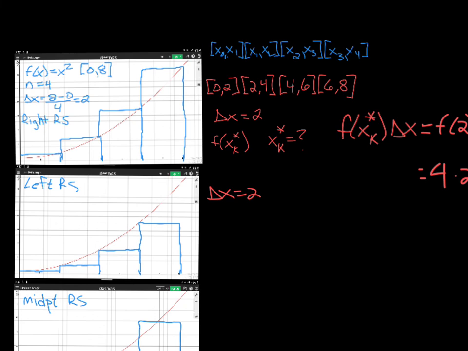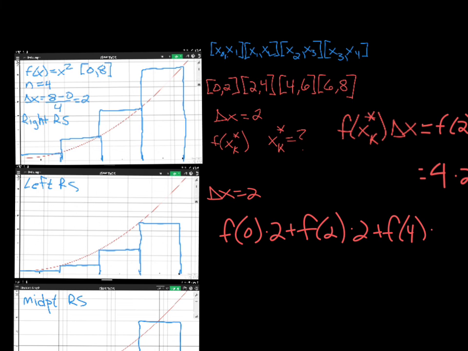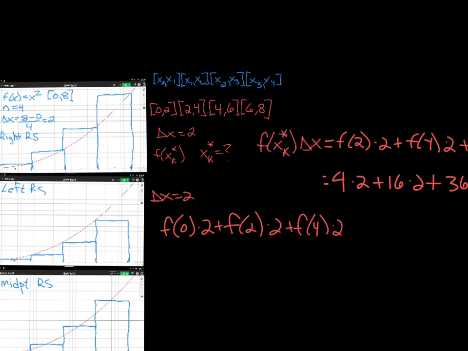Okay, so then we're saying f of 0 times the width plus the height of the second one times the width plus the height of the third one times the width plus the height of the fourth one times the width.